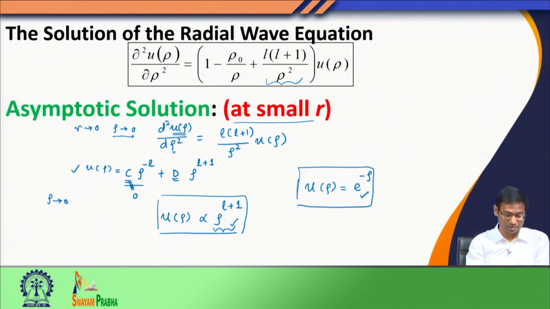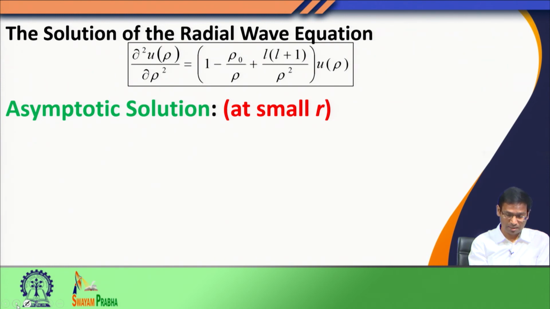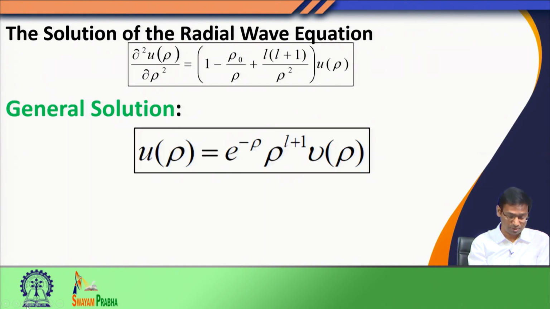Now, we will combine this information and write down the general solution. If you remember, we started our discussion by writing down this radial wave equation in terms of rho, which is the dimensionless coordinate here. We wanted to solve this equation.